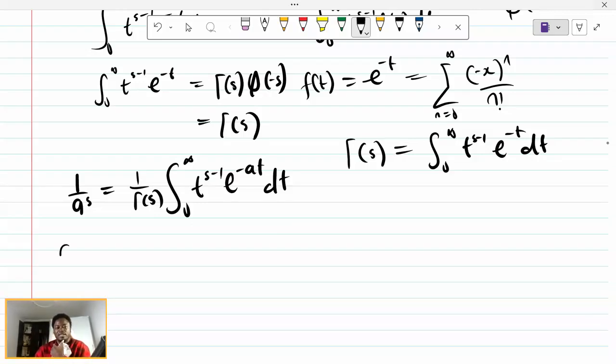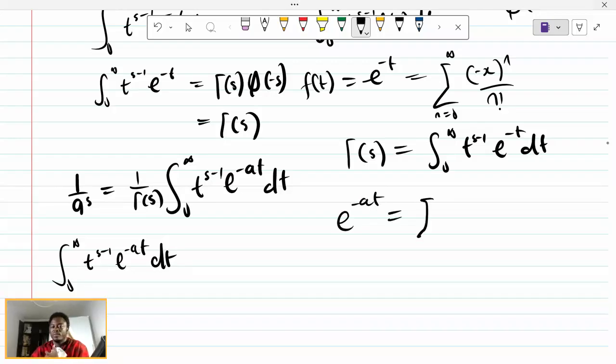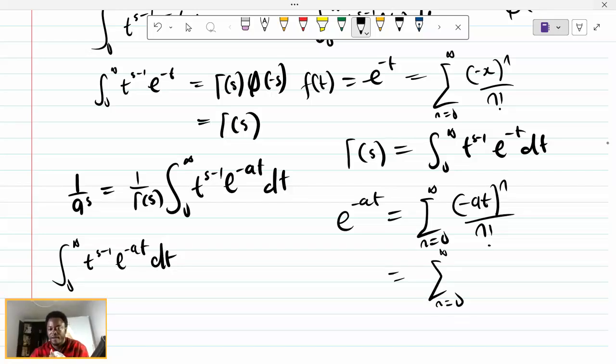So we need to find the integral from 0 to infinity of t to the s minus 1 e to the negative at dt. Now, we know the expansion of e to the negative at. That is, e to the negative at is the sum as n runs from 0 to infinity of (negative a t) to the n all divided by n factorial, which is equal to the sum as n runs from 0 to infinity of a to the n over n factorial times (negative t) to the n power.